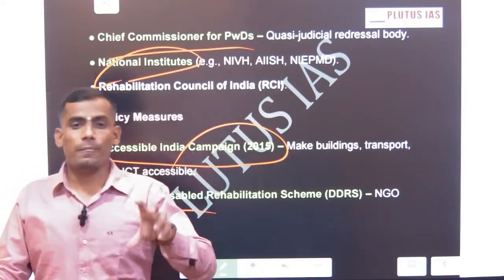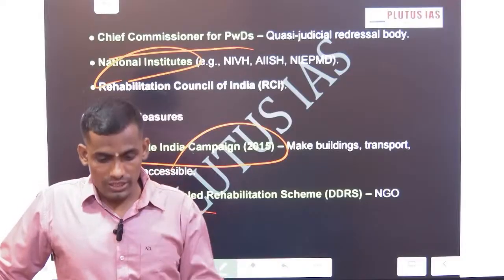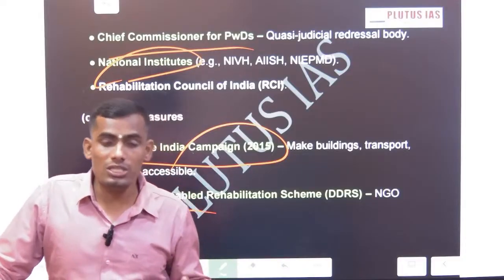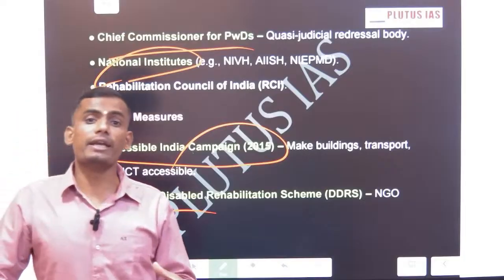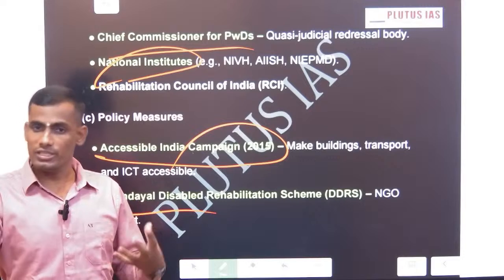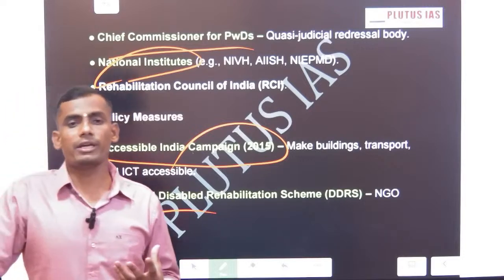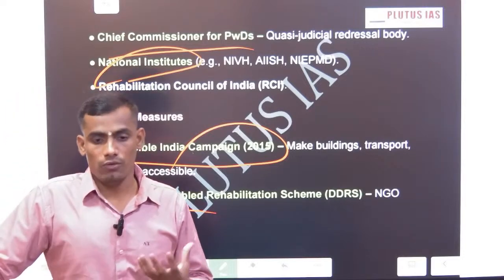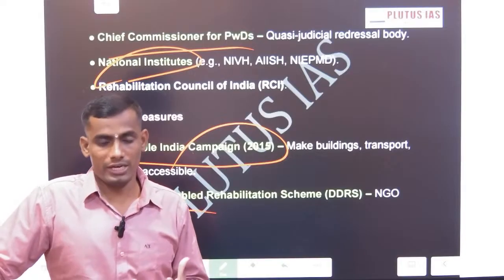And if you see the duty of a citizen under Article 51(g), it says to respect dignity and uphold brotherhood and fraternity. So as a citizen also we have the responsibility to support them, to stand with them.